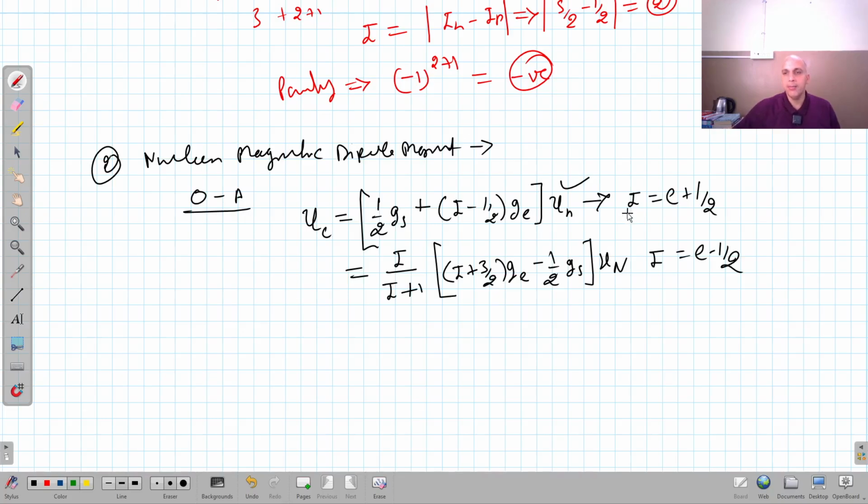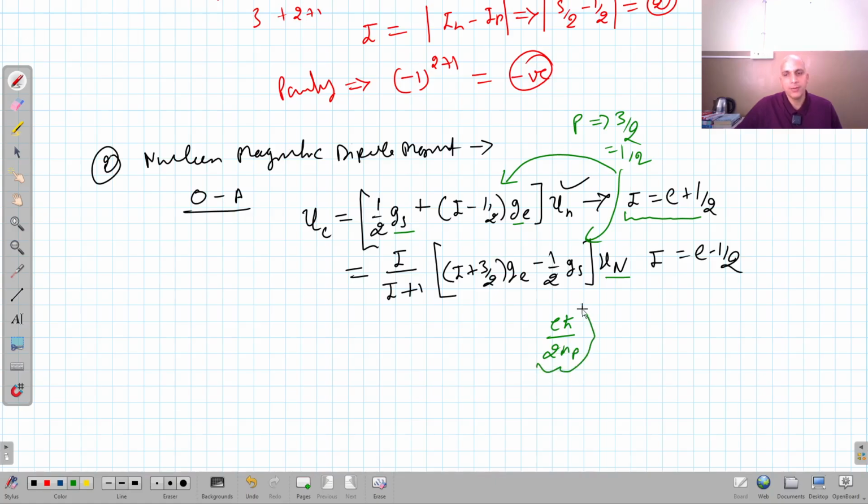Now you know very well that two situations can be there, right? I means the spin of the nucleus. It can be L plus 1 by 2, I mean when the last nucleon is in P, and if I is equal to 3 by 2, then this rule will be applicable. And when the last nucleon is in 1 by 2, means L minus S, then this rule will be applicable, right? Here g_s and g_L are the spin g factor and the orbital g factor, and I is the spin, as I told you, and mu_N stands for the nuclear Bohr magneton, e h cut upon 2m_p.